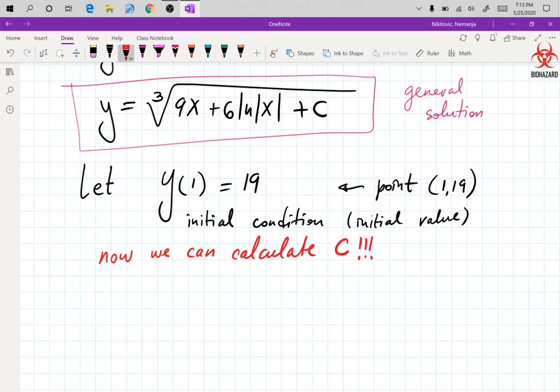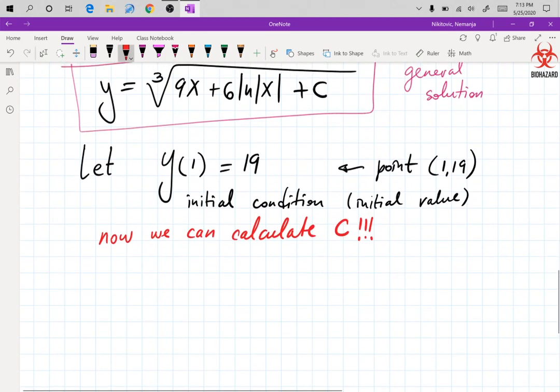So if we are calculating C, we just plug in all of the values in the problem.